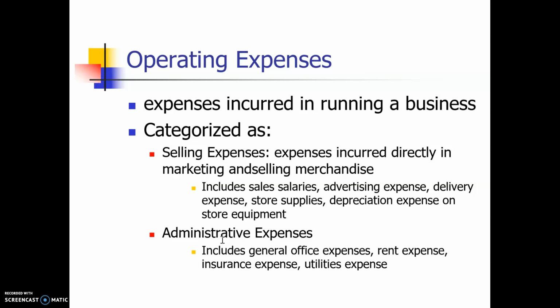So your salespeople's salaries, advertising expense. Now if we are paying costs to deliver the items to our customers, we have delivery expense. Anything having to do with the store supplies, depreciation on the store, right? Those are all going to be selling expenses.